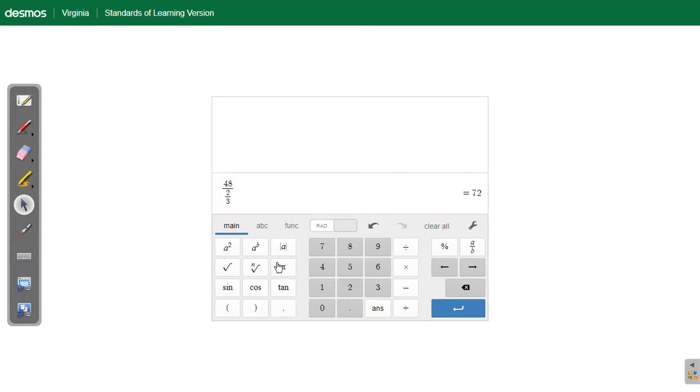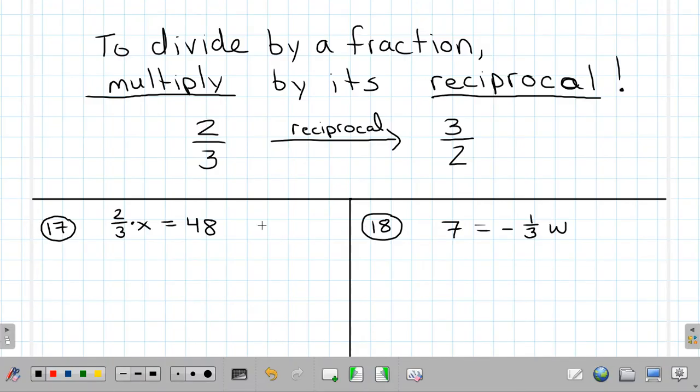It is 72. But like I said, we can do that a little easier by, instead of dividing by 2/3, multiplying by 3/2. Meaning if we do it to one side, we've got to do it to the other. The whole point here is 3 times 2 is 6, 2 times 3 is 6, and 6 over 6 is 1x. So we get the x by itself over here.